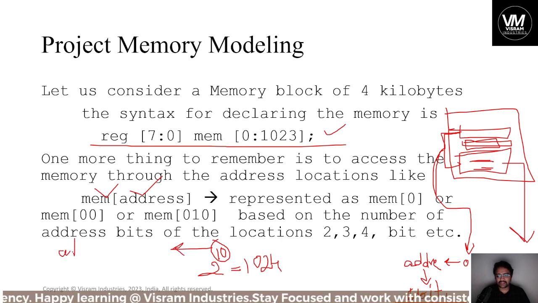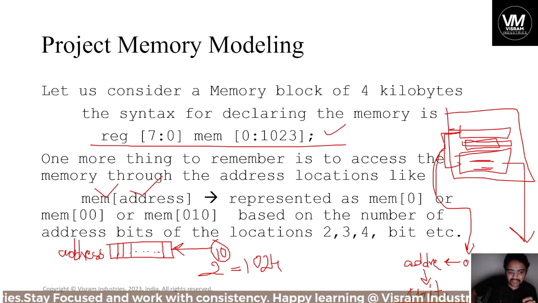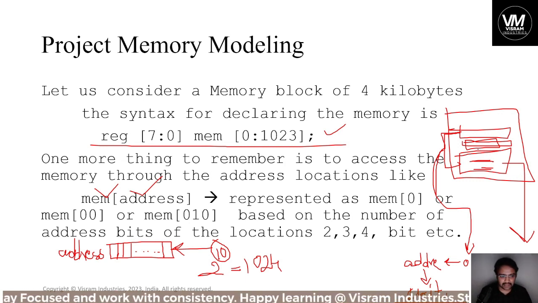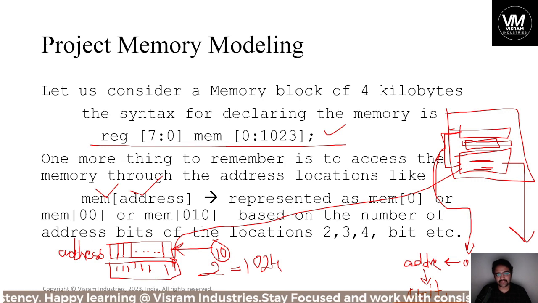Now the address bus should have 10 bits of locations, and the last register can have an address location of all ones.